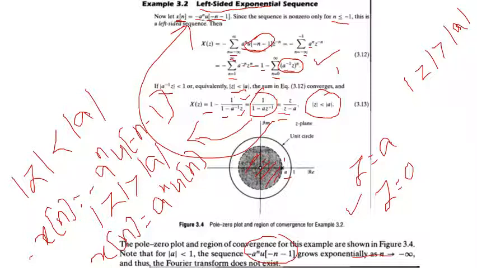So in this sequence, when the value of n goes to minus infinity, it becomes exponentially growing. So in order to control this exponential growth, we can take the values of z such that a inverse multiplied by z to the power n, this whole quantity, becomes less than 1.